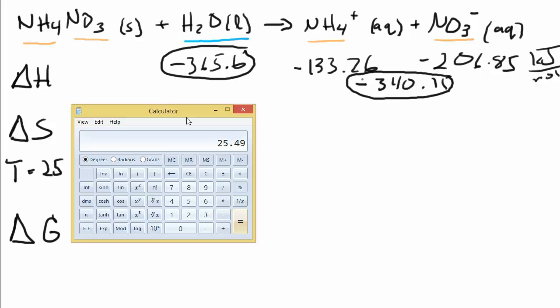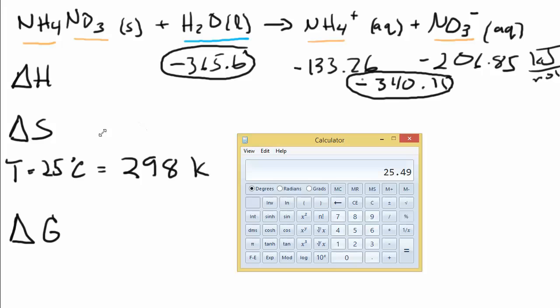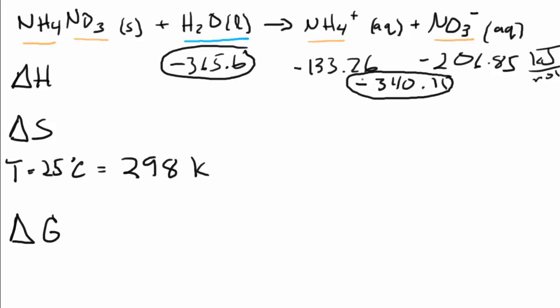And what do we get? 25.49. All right, fantastic. So delta H equals 25.49. Oops, my 4 looks like a 9. 49, perfect.